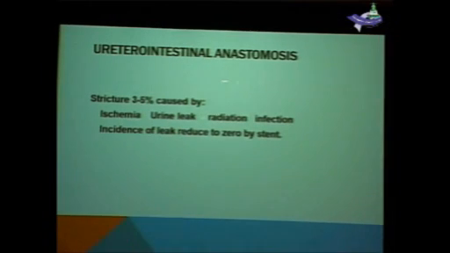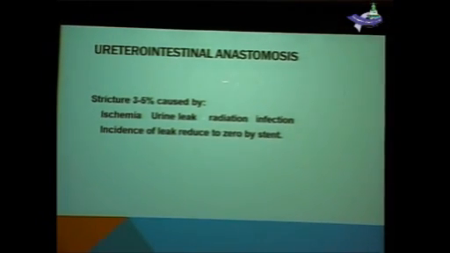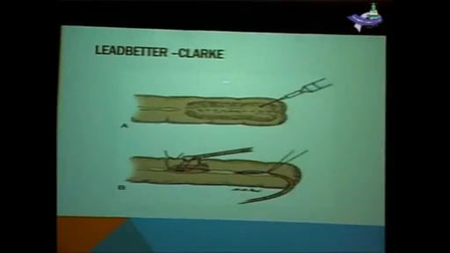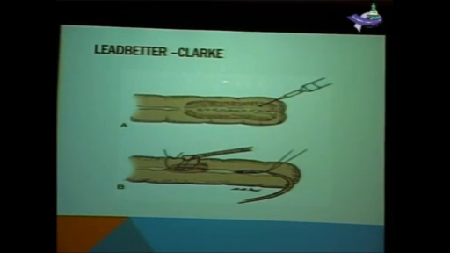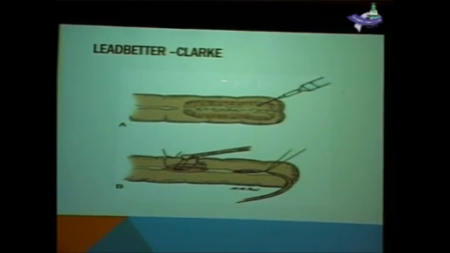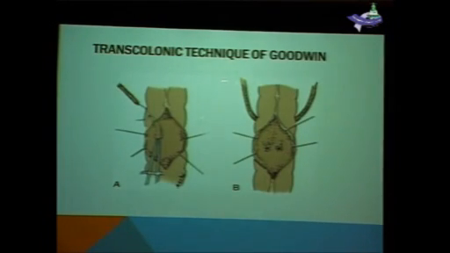The ureterointestinal anastomosis: stricture rate 3 to 5 percent, ischemia, urine leak, radiation. Let me go quickly through how to do the ureterointestinal anastomosis. Either the Leadbetter, where you incise the tinea and do a submucosal tunnel and create your anastomosis.